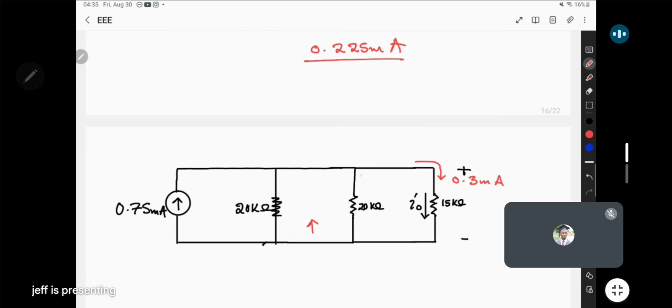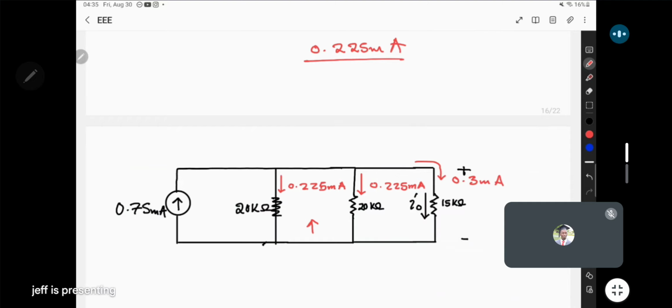But now the current coming towards this 20 kilo ohm resistor is 0.225 milliamps. And the current coming here, also 0.225 milliamps.